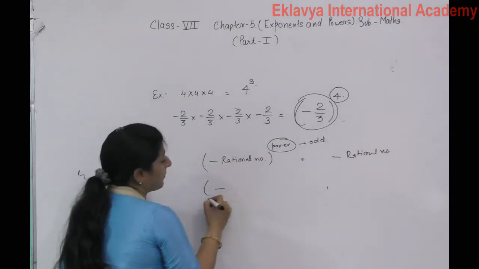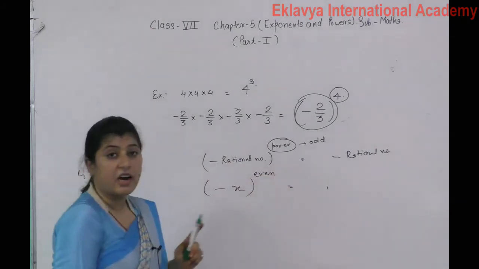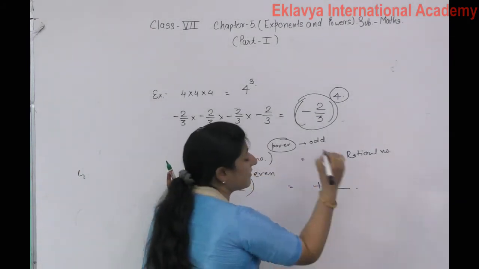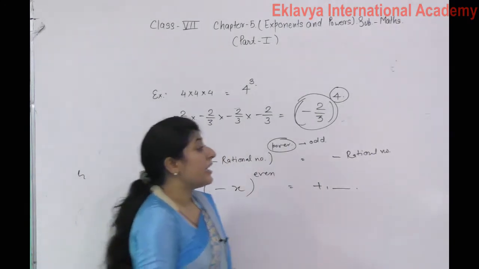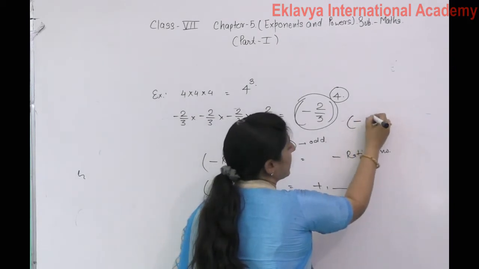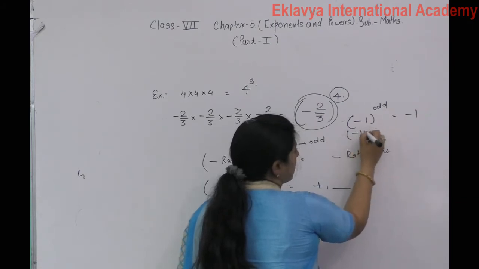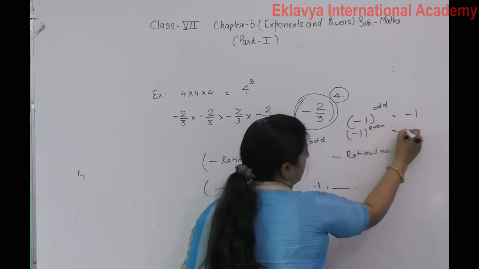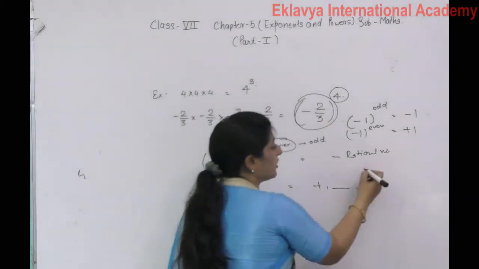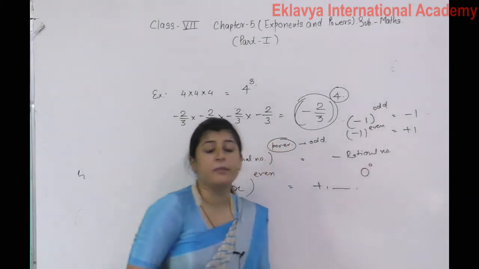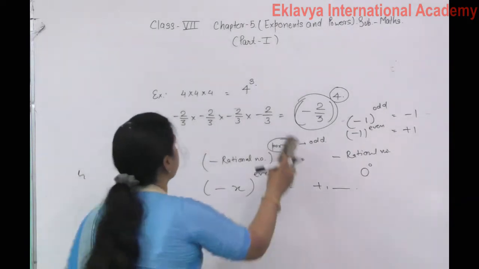If the number, suppose x, has an even power, then the answer will be a positive rational number. So always remember, minus 1 power odd is equal to minus 1, and minus 1 power even is equal to plus 1. We never take 0 power 0 or 0 to any power because it is not defined. Okay, see other examples.